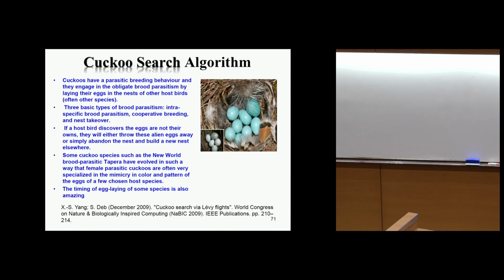Cuckoo search algorithm is about the cuckoo bird. I think I gave you his homepage. I think he has several methods like this, and this is one of them, the cuckoo search algorithm.